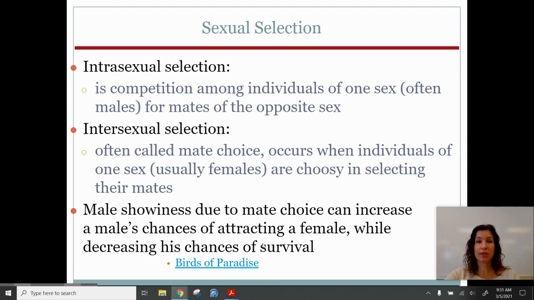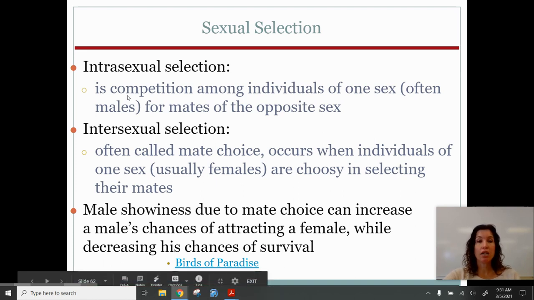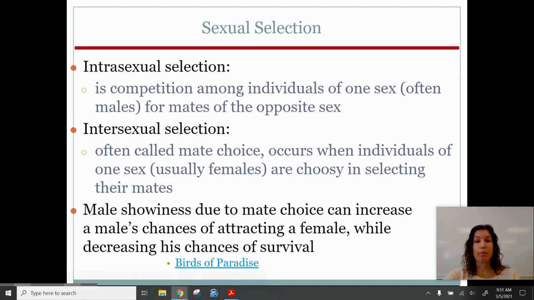There are 2 types of sexual selection. Intra is within. This is competition among individuals of one sex, so males for mates. This is like elk fighting over a mate, or for territory. Inter, I think of it, the E is in here.